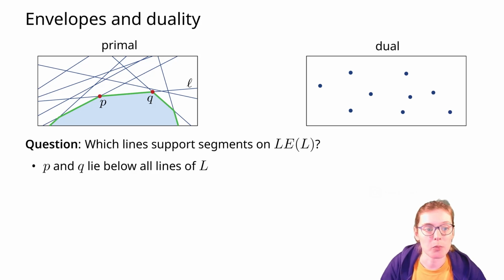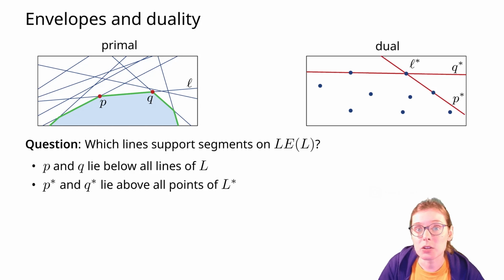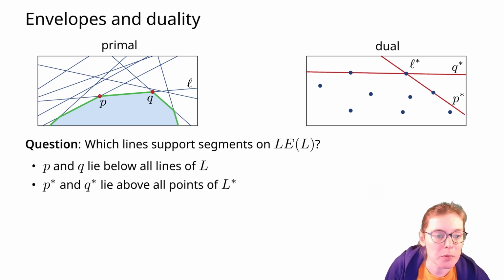Assuming that the points P and Q lie on the lower envelope, that means that there are no lines from the input set of lines that lie below P and Q. Now, in the dual plane, that means that there are no points lying above the dual lines P star and Q star. Moreover, the point P lies on the line L of the input set of lines that also passes through the point Q, but also on some other line.